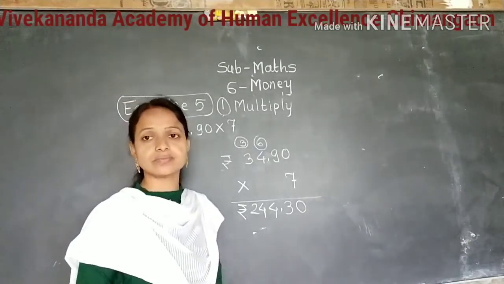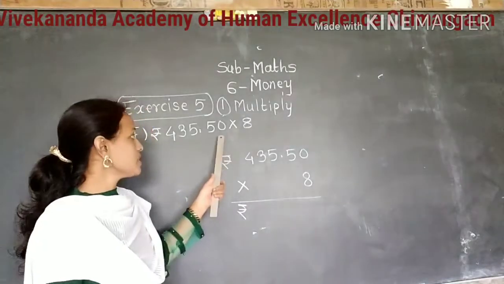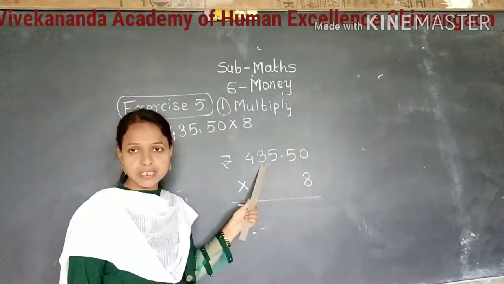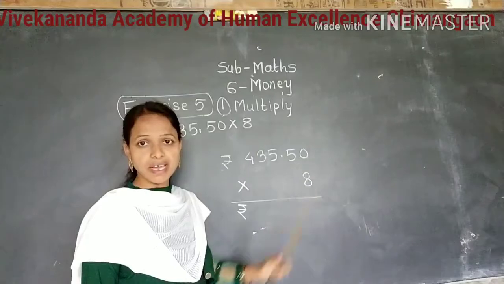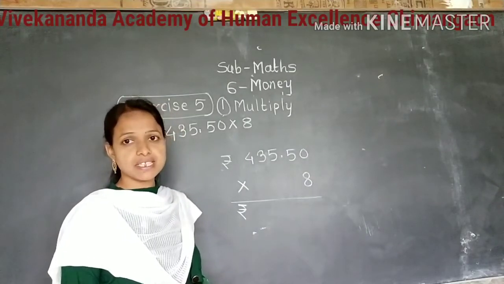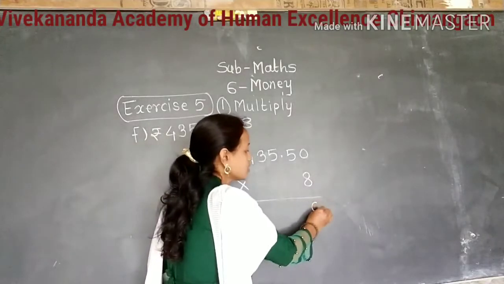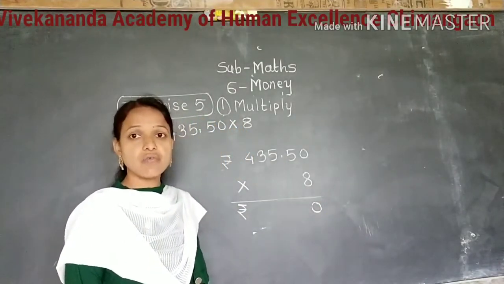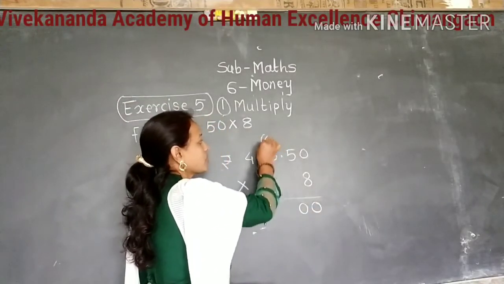Understood? Next, example F: 435 rupees 50 paise multiplied by 8. Here we arrange rupees and paise in columns by putting the dot. Now we multiply 0 by 8. When we multiply 0 by any number we get product 0. So here write 0. Then we multiply 5 by 8. 8 5s are 40. So right here 0 and 4 carry.